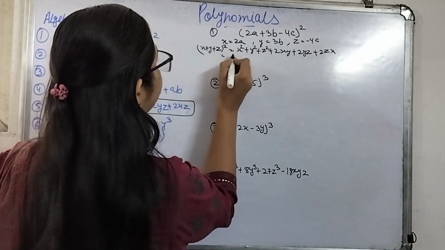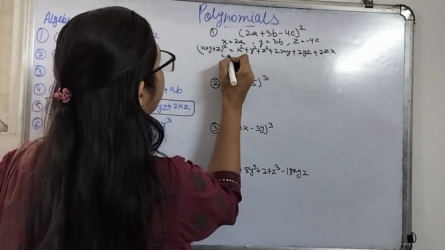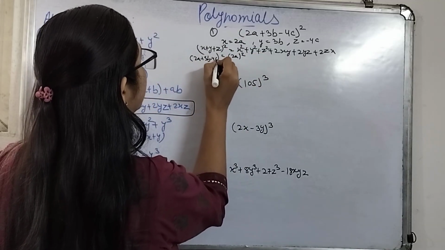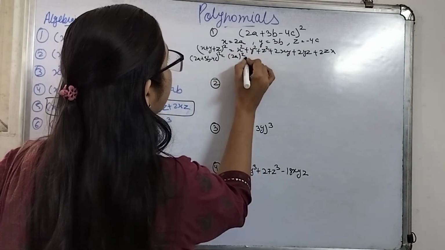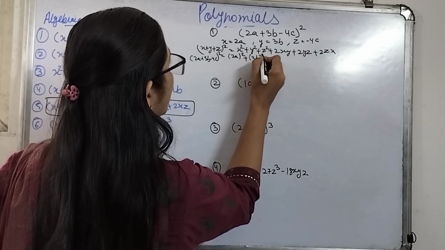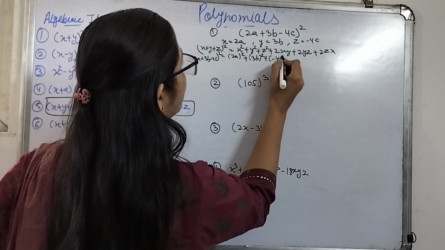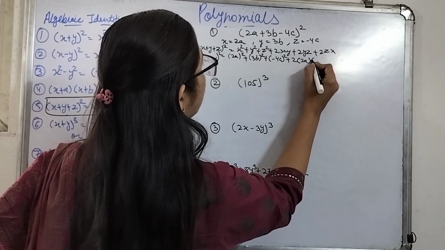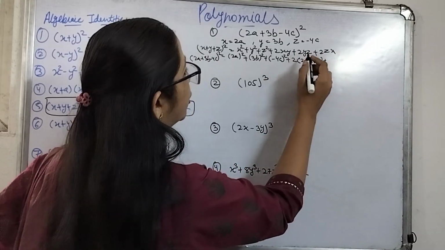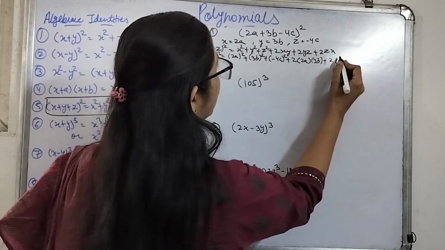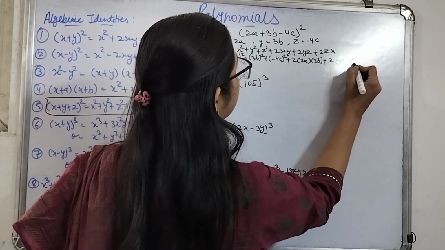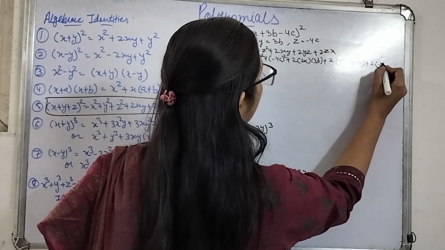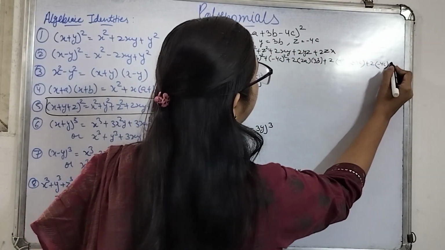So it could be written as x is your 2a whole square, y will be your 3b whole square, z is your minus of 4c whole square, plus 2 into x is your 2a, y is your 3b, plus 2 into yz, so 2 into y is your 3b, and z is your minus of 4c, plus 2 of zx, plus 2, z is your minus 4c, and x is your 2a.